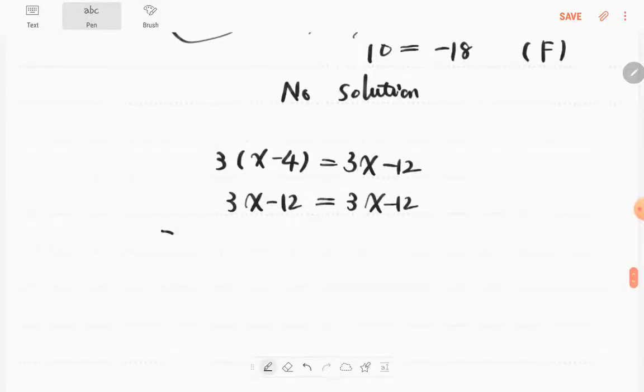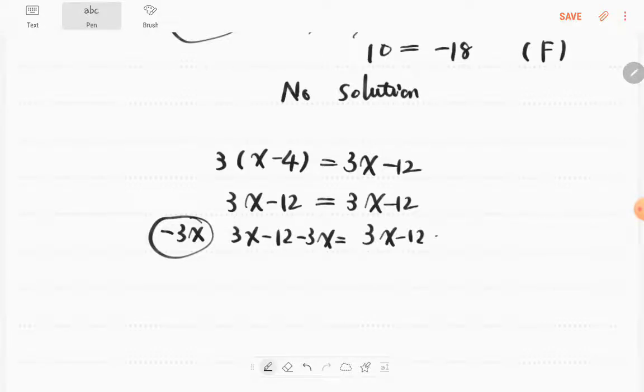So if we still do the minus 3x for both sides, we will get negative 12 is equal to negative 12, which is always true, right?